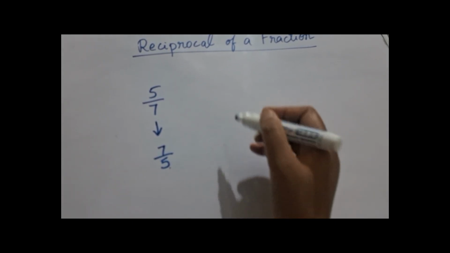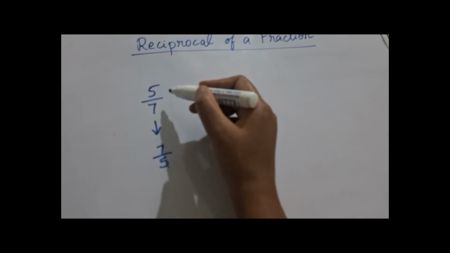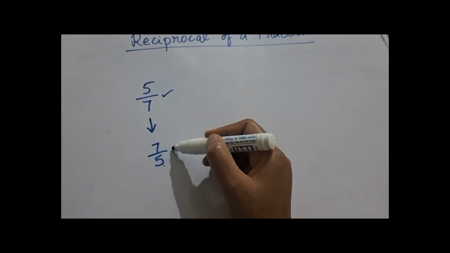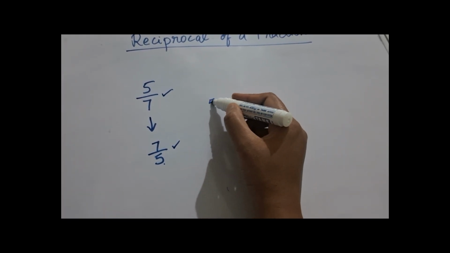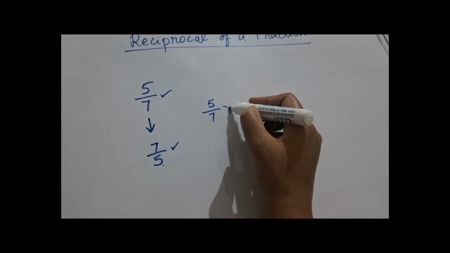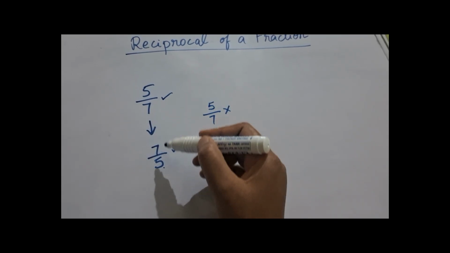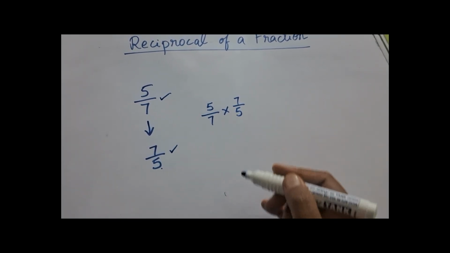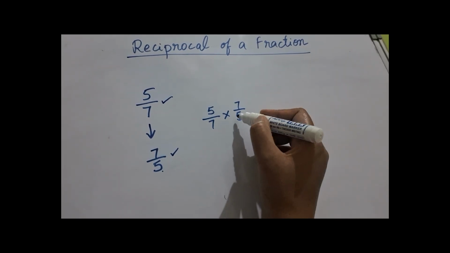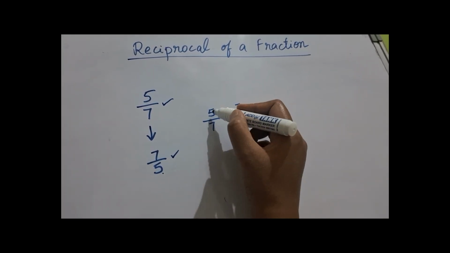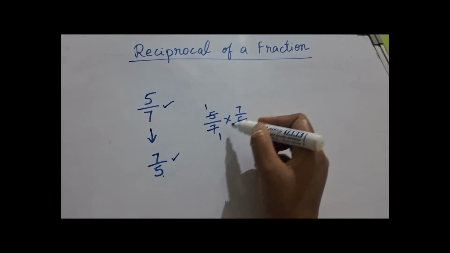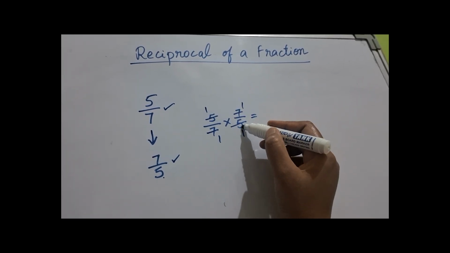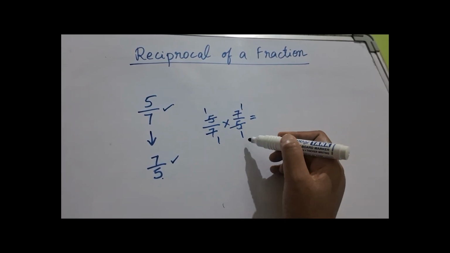Now, what will happen if this number is multiplied by its reciprocal? That means 5 by 7 is multiplied by its reciprocal, that is 7 by 5. What will we get, children? 5 ones are 5 ones and 7 ones are 7 ones. The numerator and denominator cancel, and this numerator and this denominator also cancel.